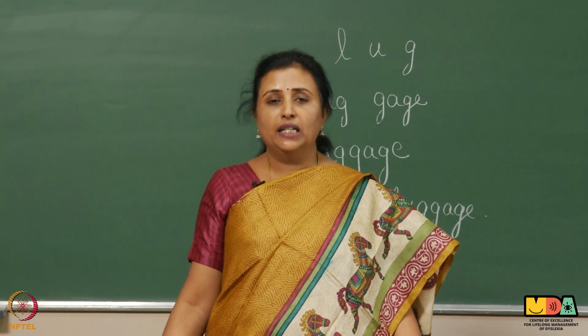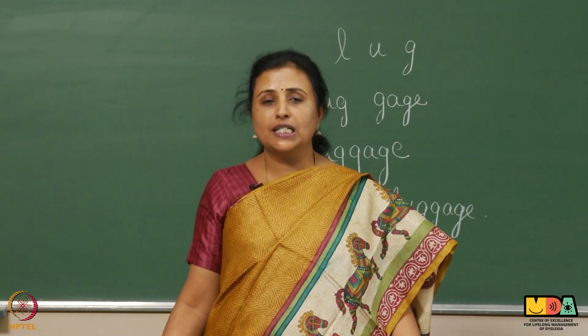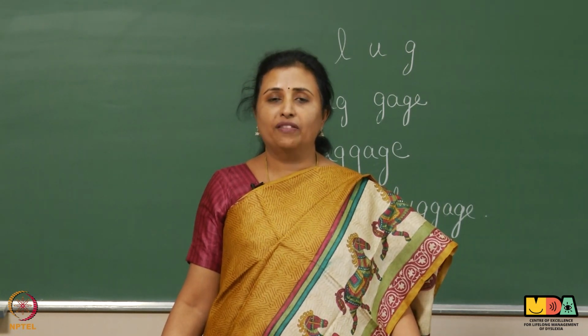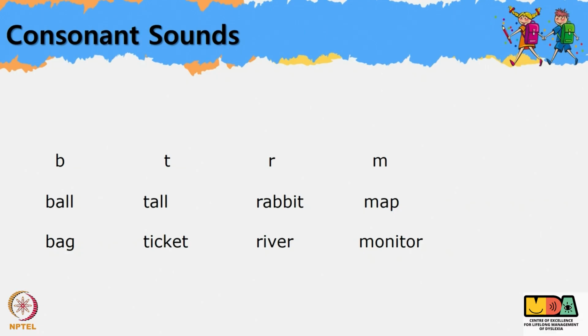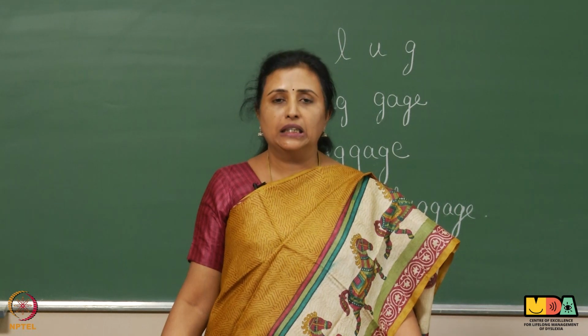Let us now take certain alphabets, consonants, and look at their sounds. Take for example the alphabet B. B says b, as in ball, bucket, bangle, burrow. How about the sound of the alphabet T?